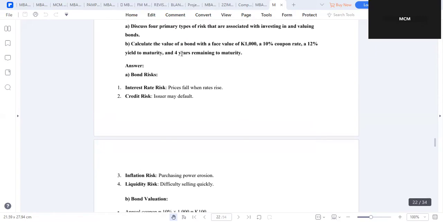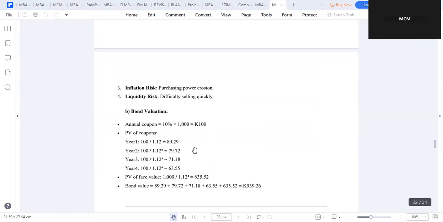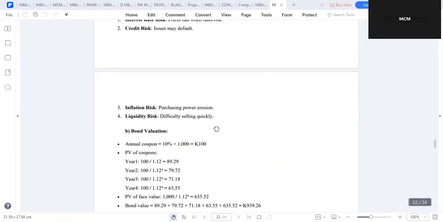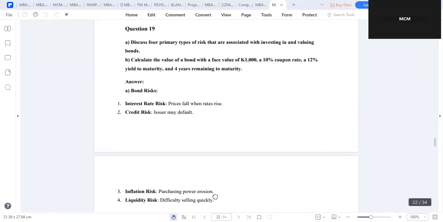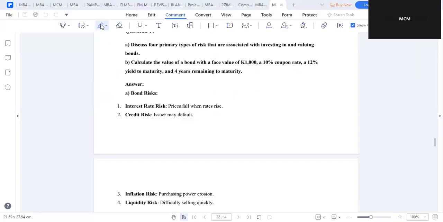And calculate the value of a bond with a 10% coupon rate, 12% yield to maturity, and 4 years remaining. So you can calculate this using this method, where you calculate the value of the bond by discounting the cash flows. This is a 4-year bond, so you put the coupon, because a bond gives you coupon interest each year.